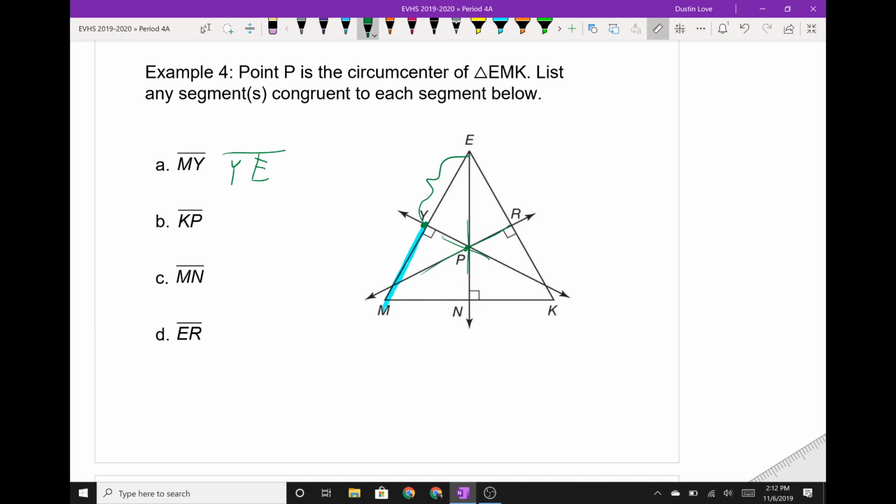All right, ER. What's got to be congruent to ER? RK, by the exact same logic. That's KP. I said it right, I wrote it in the wrong spot.